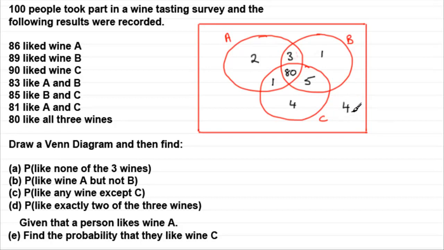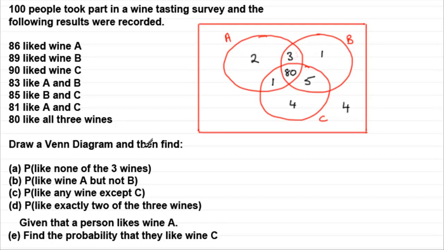These will be people who do not like A, B or C. So we've got our 100, and that's why we need a border round our sets that we draw, because there could be some people or some category that has nothing to do with the categories that you list in here. Okay, so that's our Venn diagram.